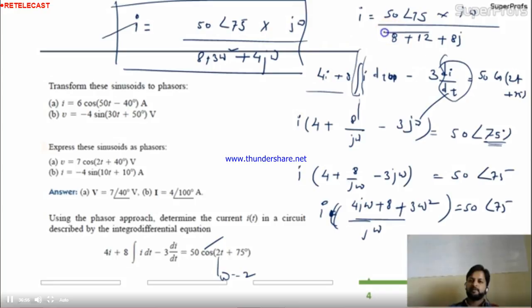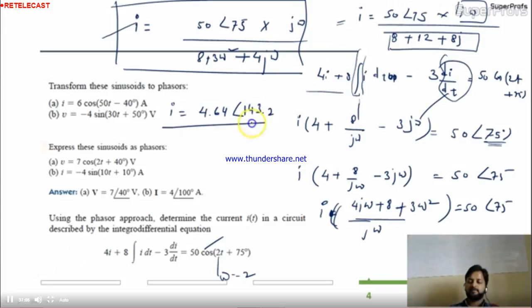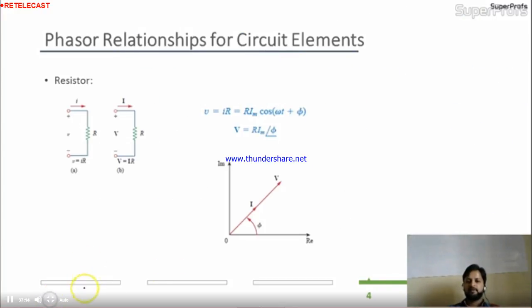Okay, so you can convert this into polar form, and then you can get the I value directly. Final answer will be 4.64 at 143.2 amperes. This is given in the polar form, right? So I hope this is clear to you.